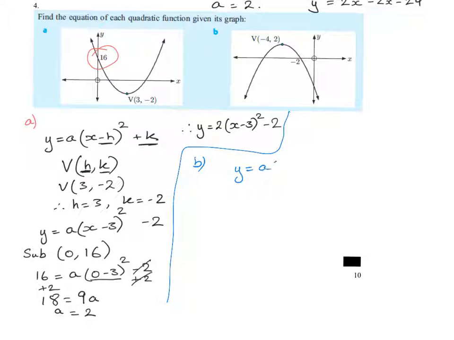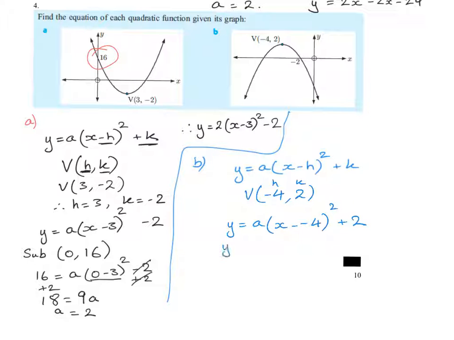Y equals a times (x minus h) squared plus k, where the vertex is (h, k), which means if the vertex is (-4, 2), and that's h and that's k, then I get y equals a times (x minus h), which is negative 4, plus k, which is 2, so plus 2. So let's rewrite that. Y equals a times (x plus 4) squared plus 2.